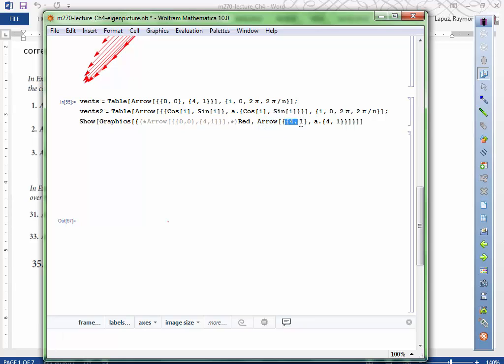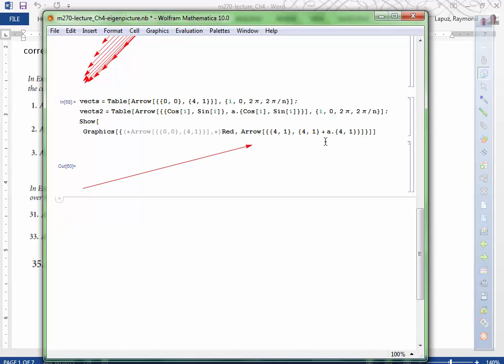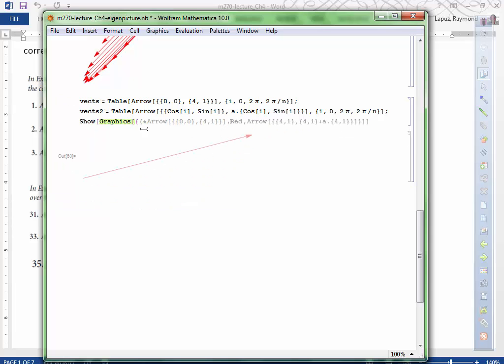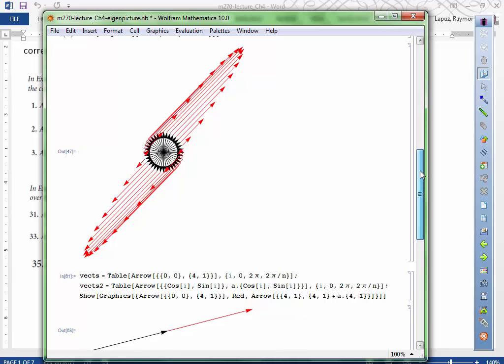So I start with 4, 1. Ow. I've been giving you half the sizes. This is what it should be, plus. Sure, that'll work.